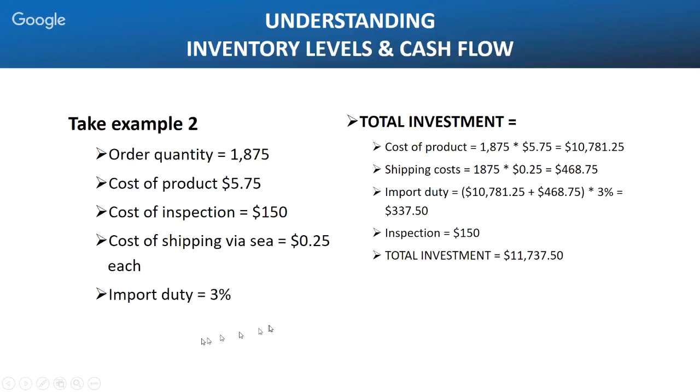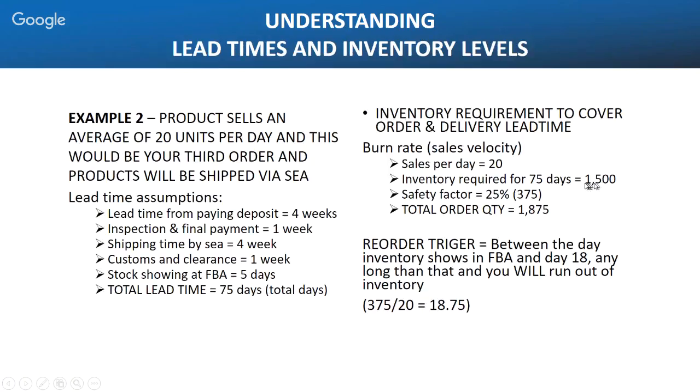Okay, so let's have a look at the total investment required. Okay, we know that we're ordering 1,875. I'll just go back over here just to reconfirm, because there was 1,500 for 75 days, a burn rate of 20, plus that safety factor, which is 1,875. Okay, the safety factor was here because of our trigger.